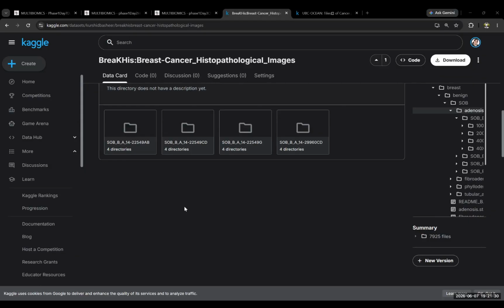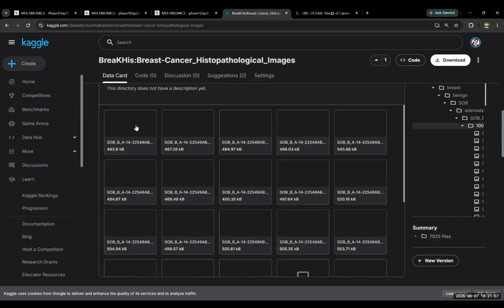Also, the most important problem with not giving the patient level details is that such huge data you'll be processing in a batch. Understood? So while you're processing in a batch, suppose you want to divide all the batches equally. Now you have seen that there is so much class imbalance.